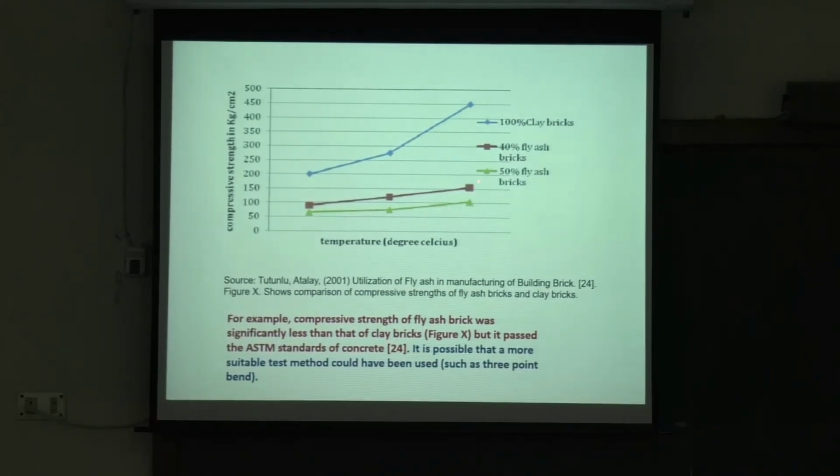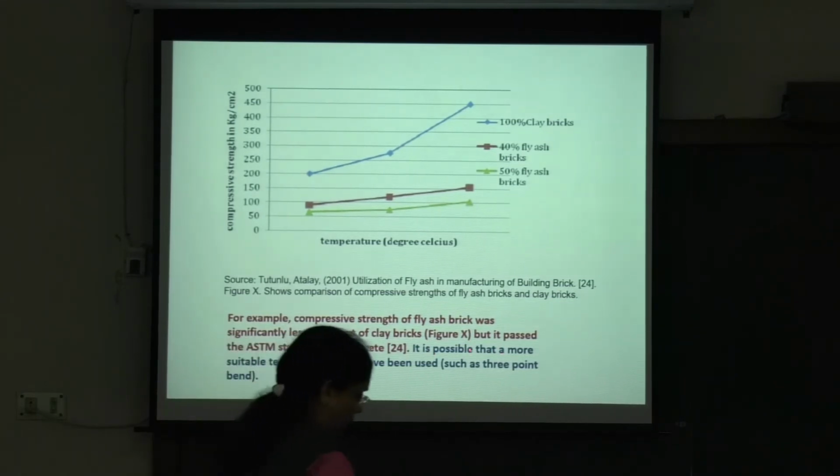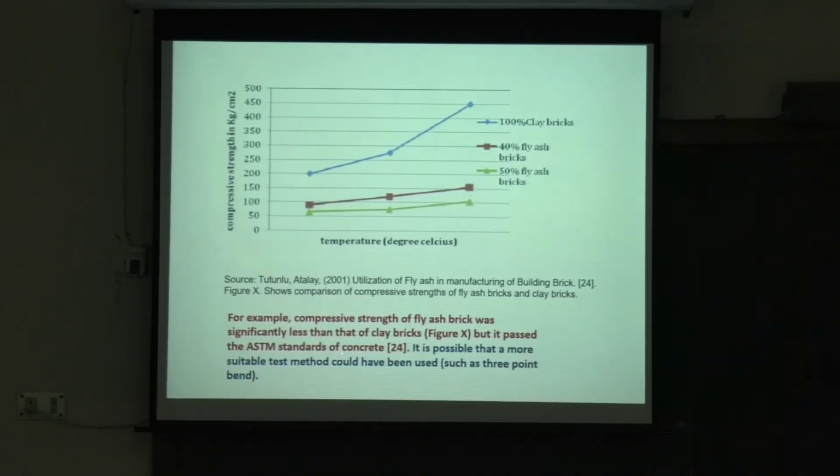But that's what they showed, that if you are using fly ash, the strength may go down. For example, the compressive strength of fly ash brick was significantly less than that of clay bricks, but it passed the ASTM standard for concrete, which means according to the ASTM standard, these values are acceptable, but these values are much better.